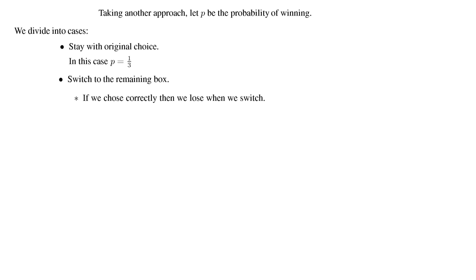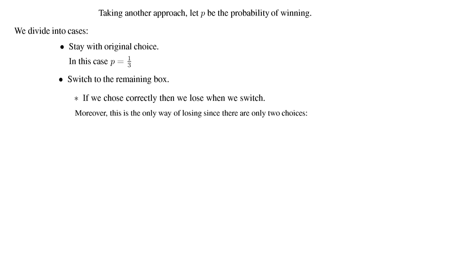Say, for example, we chose box 1, box 2 is revealed to be empty, and so we switch to box 3. If initially you chose the correct box, then when you switch to the empty box, you lose. And that's the only way of losing. There are just two choices.